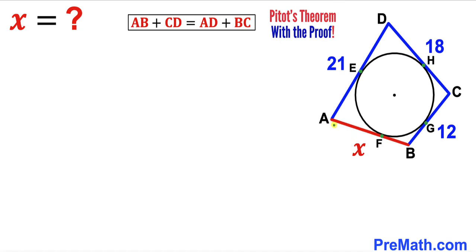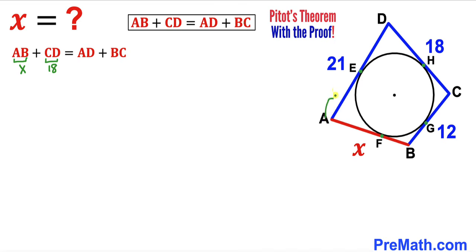And now in this next step, we are going to calculate the value of X by using this Pitot's formula. We can see our side AB length is X, our side CD length is 18. So in this formula, I'm going to replace AB length by X, CD length by 18.